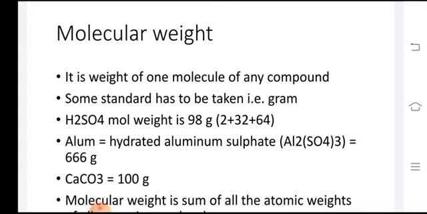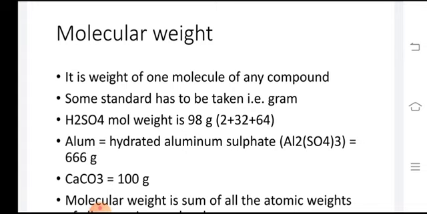Taking an example of H2SO4, the molecular weight of H2SO4 constitutes 2 atoms of hydrogen, 1 of sulfur, and 4 of oxygen. Multiplying the respective number of these atoms with their atomic weights will give us the overall molecular weight of H2SO4.